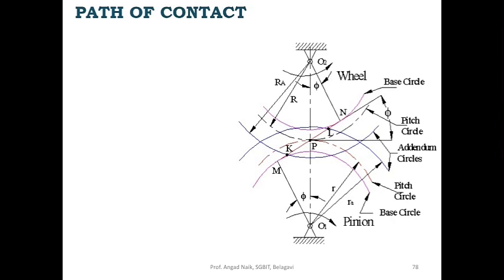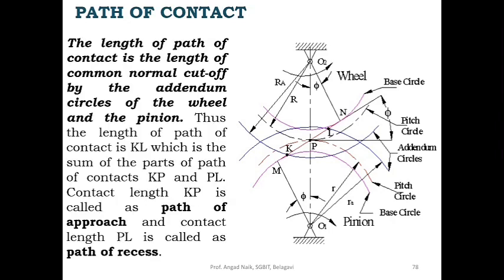The length of path of contact is the length of common normal cut off by the addendum circle of the wheel and the pinion. Thus, the length of path of contact is the length KL, which is part of KP and PL.